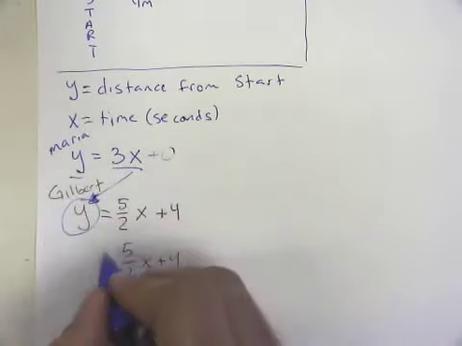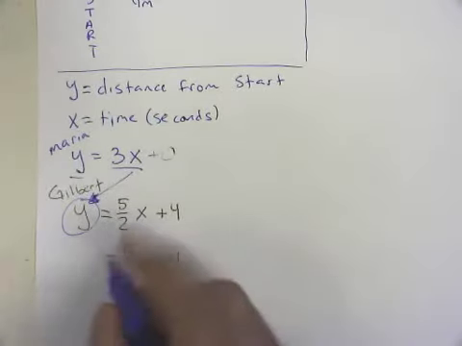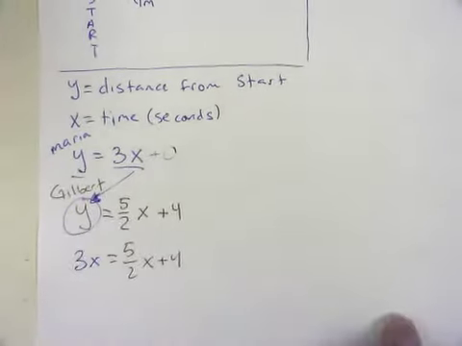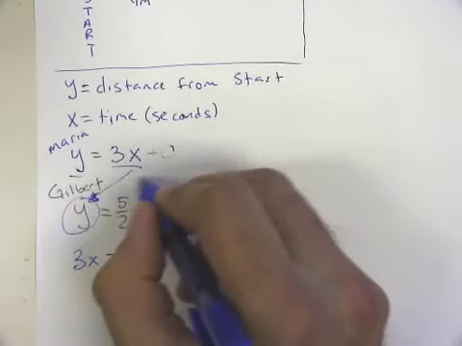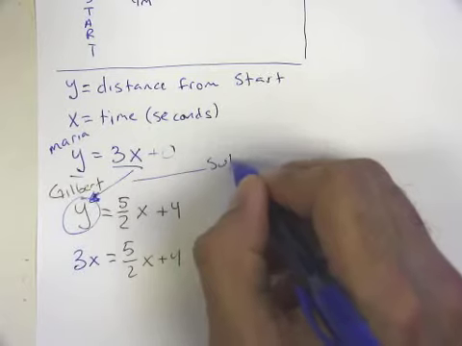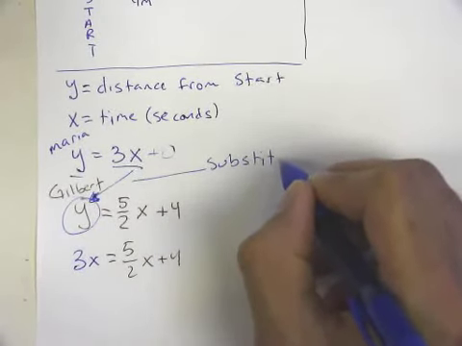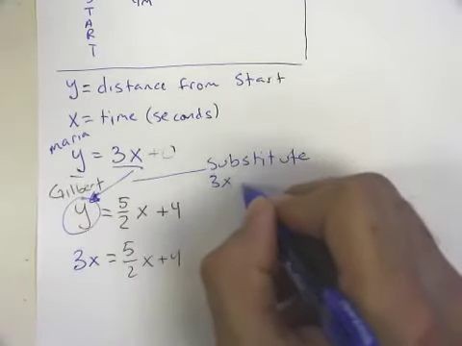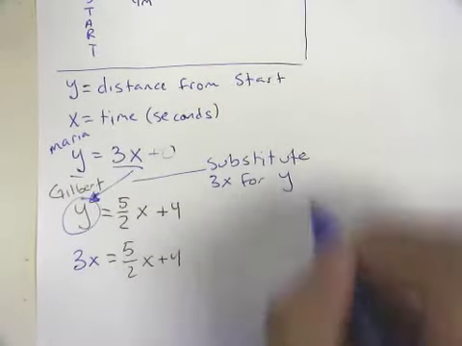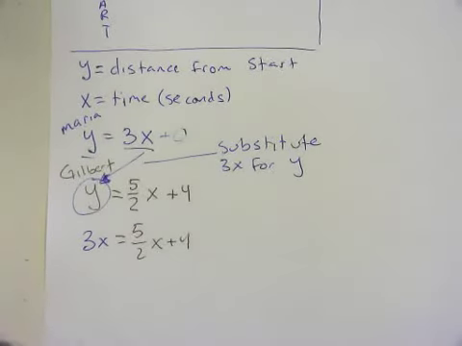We're going to replace Gilbert's distance with the expression that we have for Maria's distance, right? So what we've done there is we've replaced, and the word that we use for that replacement is called substitution. So we substituted 3x for y. We replaced the y with 3x.